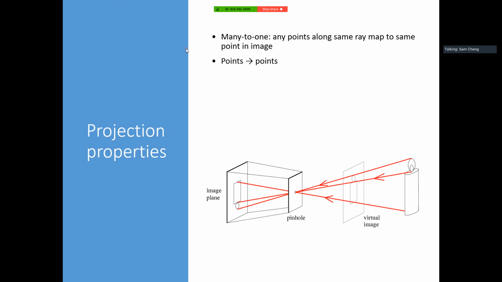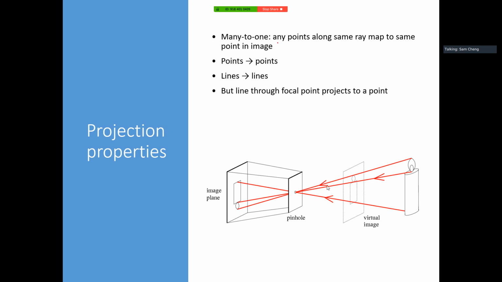Okay, there's more about this perspective transform. Points go to points, lines to lines. There's also the possibility that many 3D points will project to just a single point.